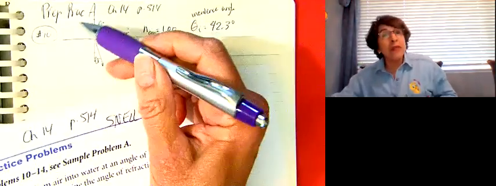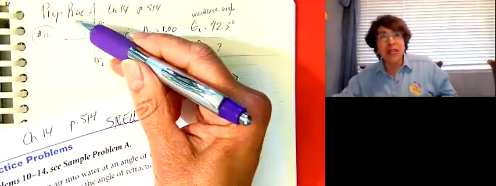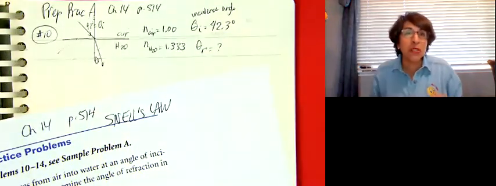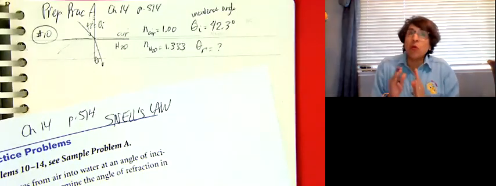So we have a light beam, and it's 42 degrees with the normal. Remember, the word normal also means perpendicular. So we're always dealing with how many degrees it is away from the normal.